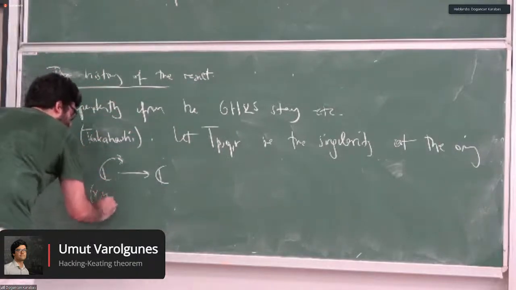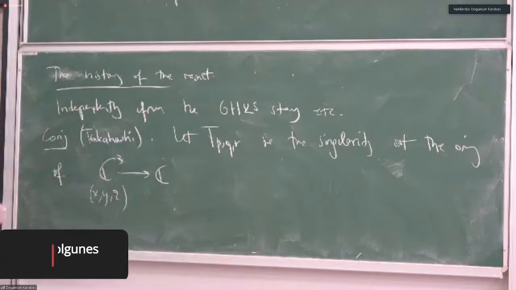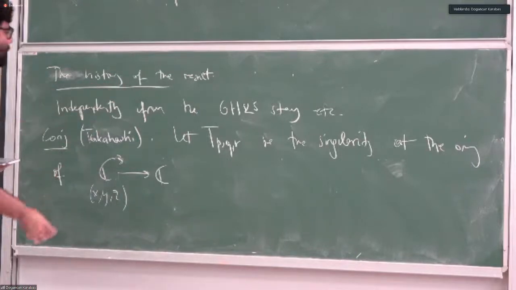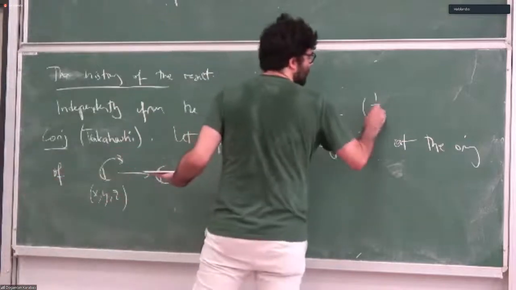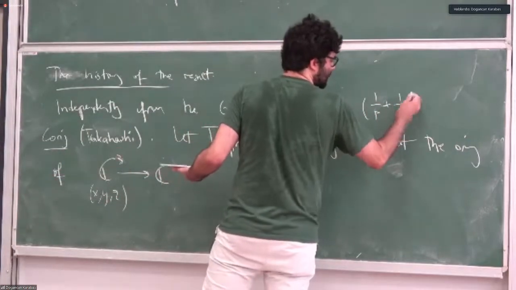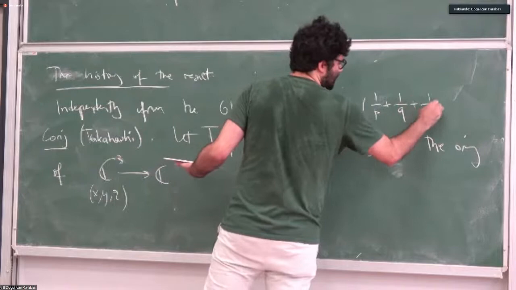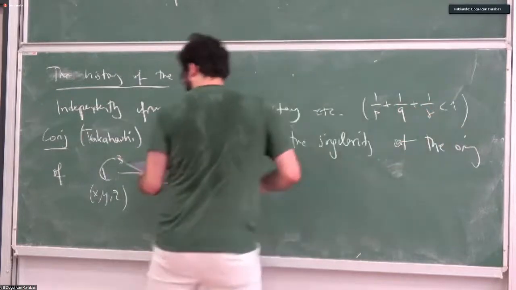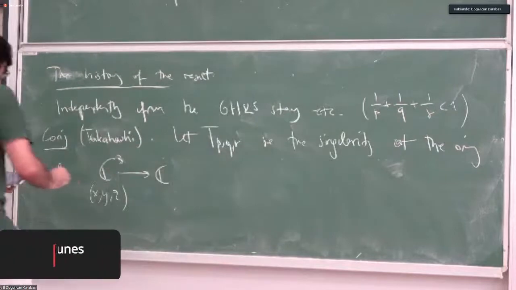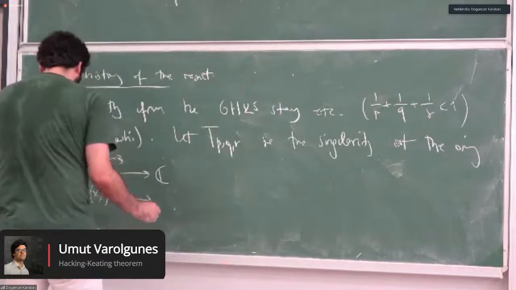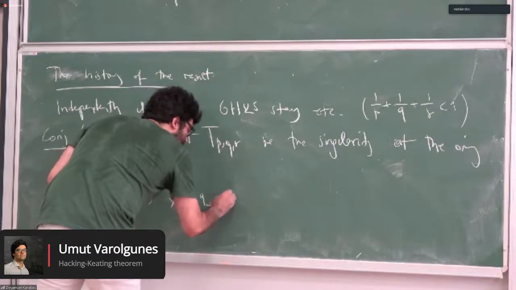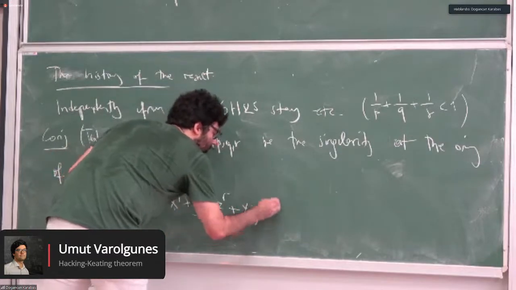They're bigger than 3 or 4. Or I think the sum of their inverses should be smaller than 1. And so the polynomial is this: x^P + y^Q + z^R + xyz.